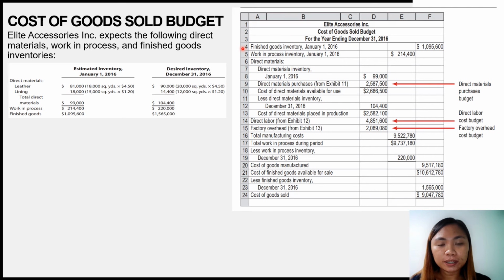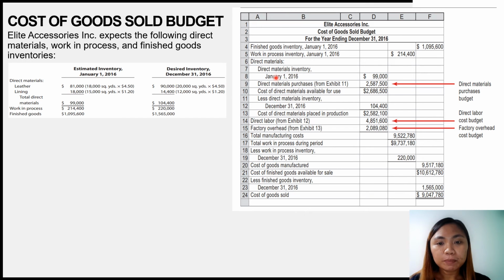So it starts with the presentation of the finished goods inventory on January 1, 2016 at $1,095,600. Then we would also provide for the work in process inventory beginning, and that is $240,400. Next is the computation of the direct materials and also the direct labor and the factory overhead costs.